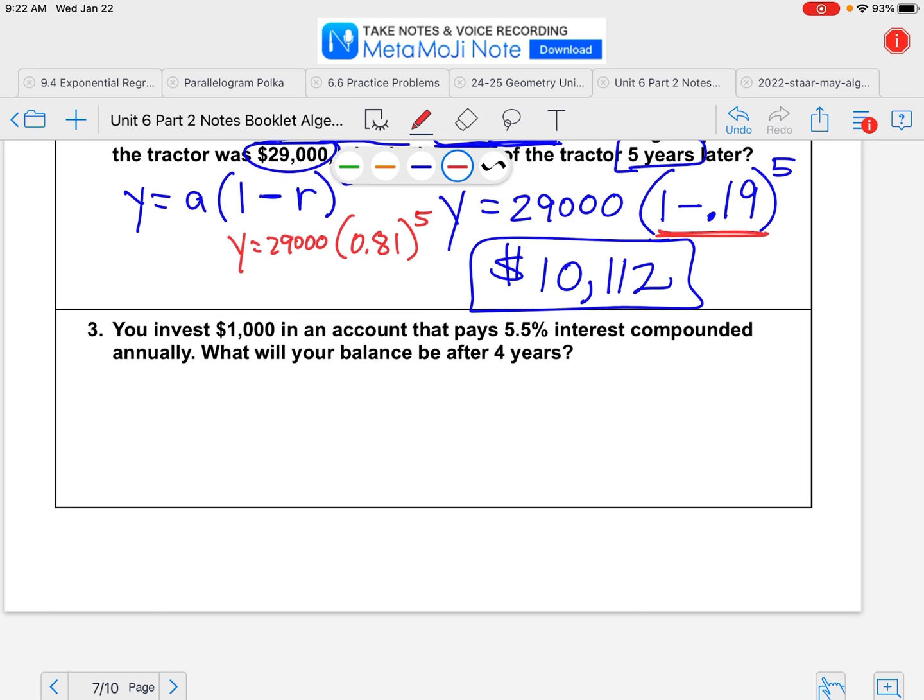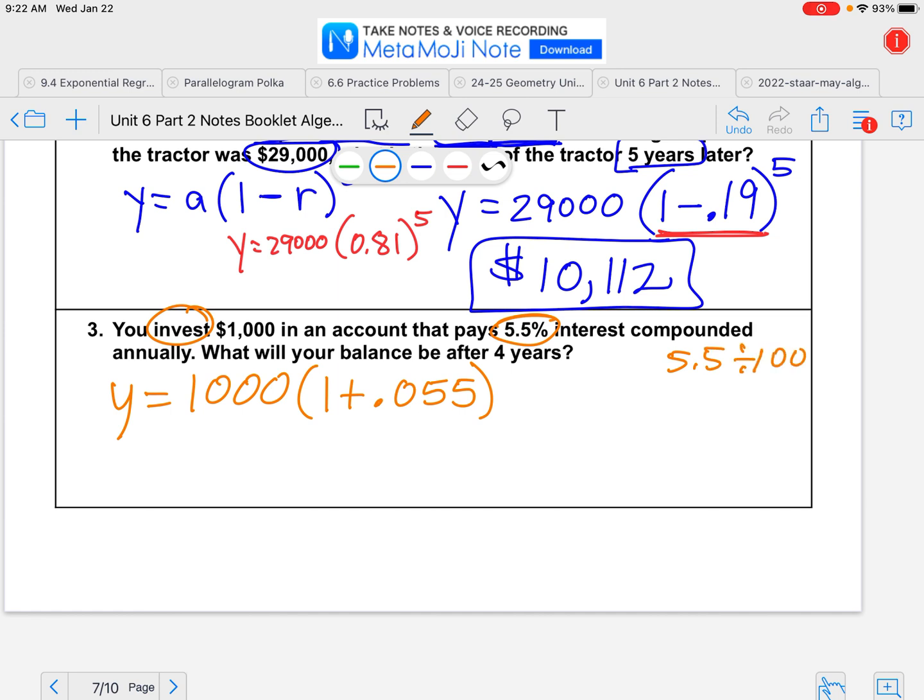And then let's look at this one. You're going to invest $1,000. Therefore, it's growth. You're earning interest. It's a percent, and it's growth, so you're going to use 1 plus. You're going to carefully convert that to a decimal. If you're unsure how to convert a percent to a decimal, you divide by 100 on your calculator, and it will move the decimal for you.